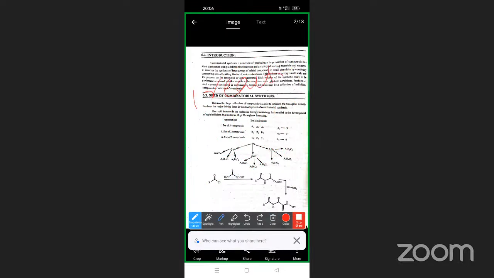It gives 50 or 100 products, in a short period, and by keeping fewer reactions. Not exactly one reaction, but within one or two reactions, you will get the 100 products here.